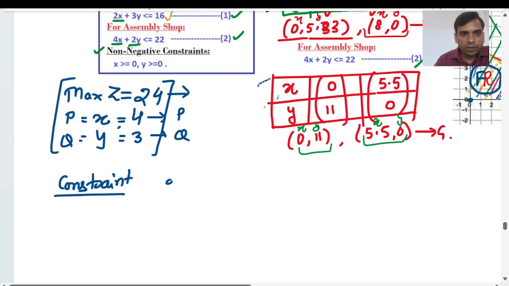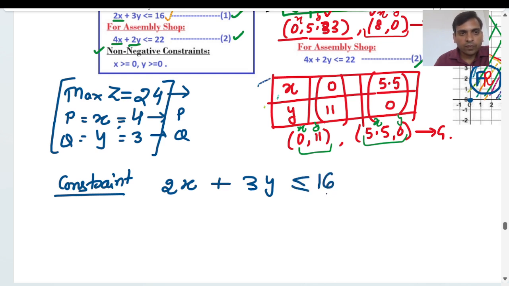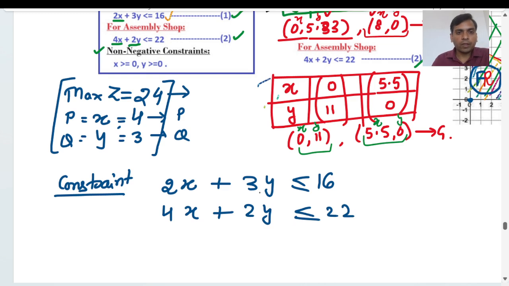First is 2x plus 3y less than or equal to 16, and the second constraint is 4x plus 2y equal to or less than 22. So this is for the machine shop and this is for the assembly shop.